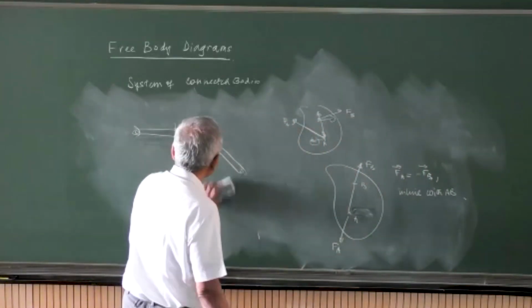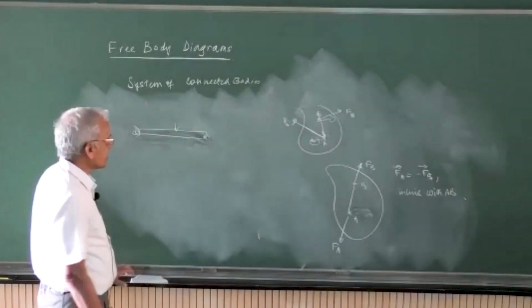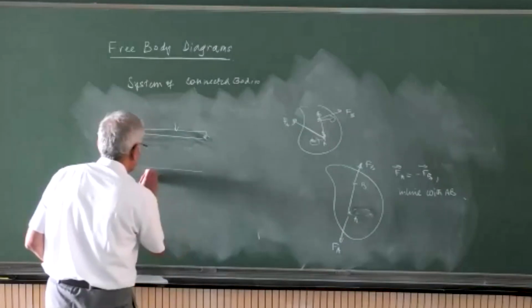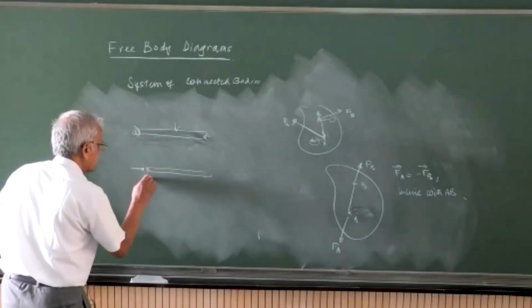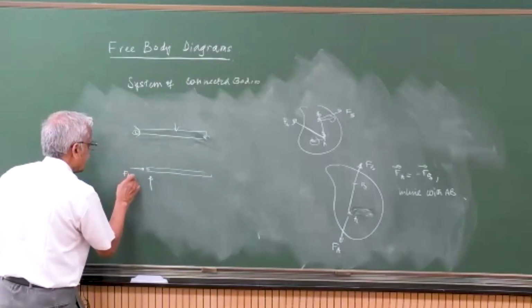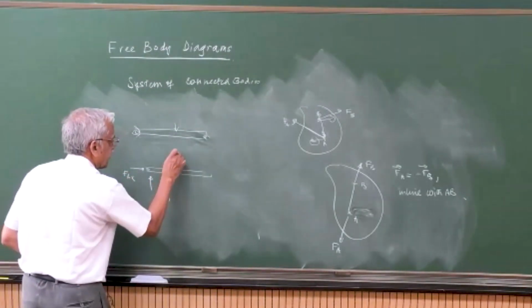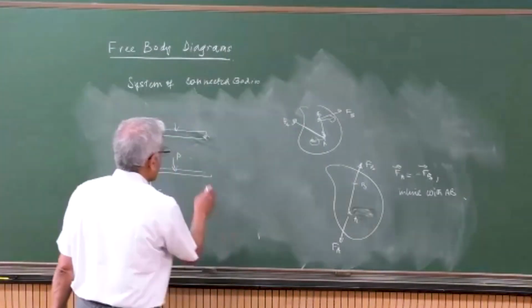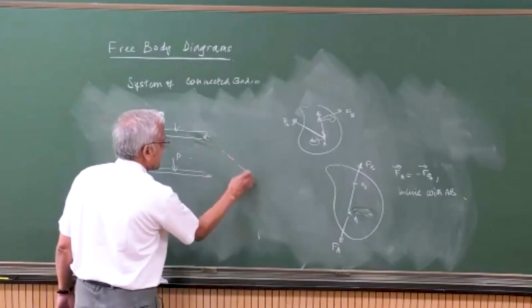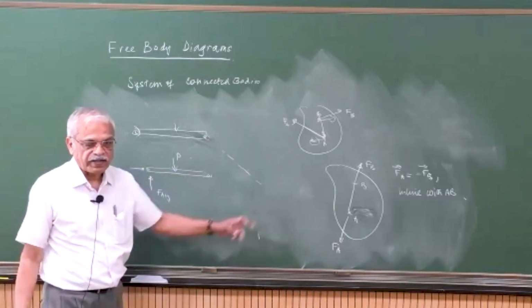So if you want to solve this problem, okay, so what you have, this is another. So you have, say, FAX, FAY, and what else? I'm going to simplify this problem. So at this B, I know that it is acted upon by only two forces at 2 points.